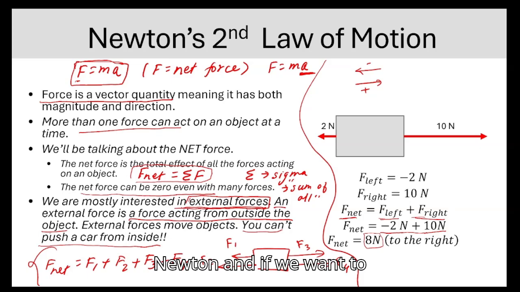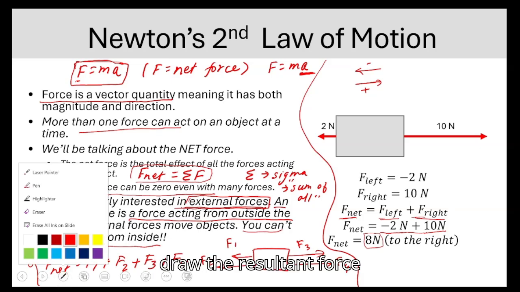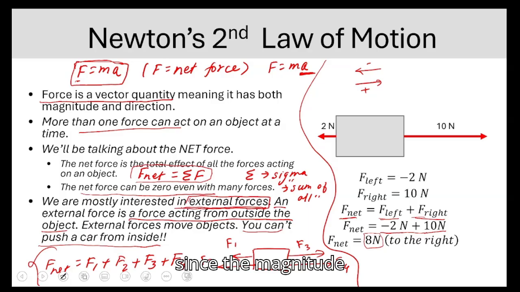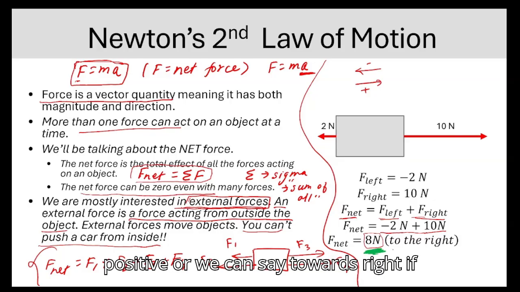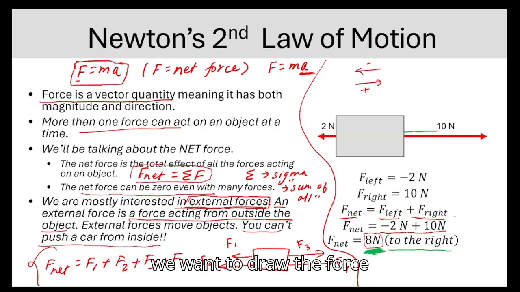Since the direction of this resultant force is positive, or toward the right, this is what the net force F net would look like.